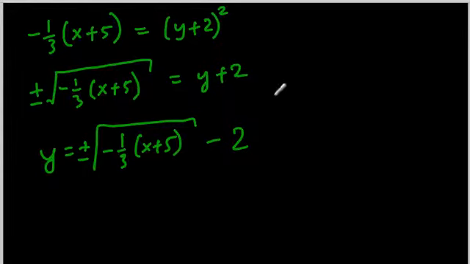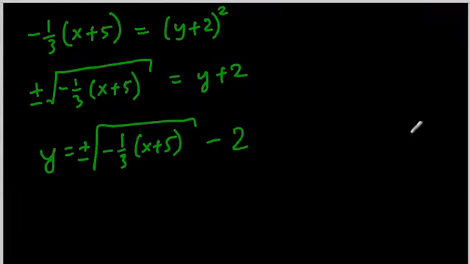Yeah, it's going to be minus 2 on that side. Now let's determine whether it's going to be plus or minus. Remember, if we put both of them, it's no longer a function. So only one of them is valid.